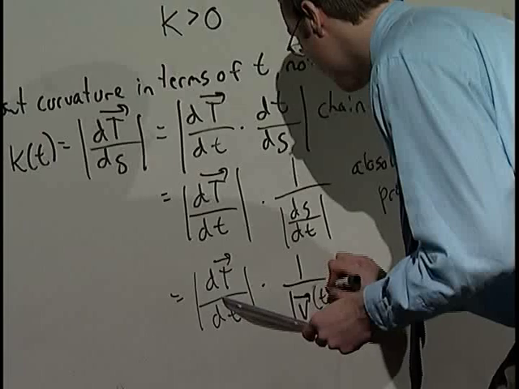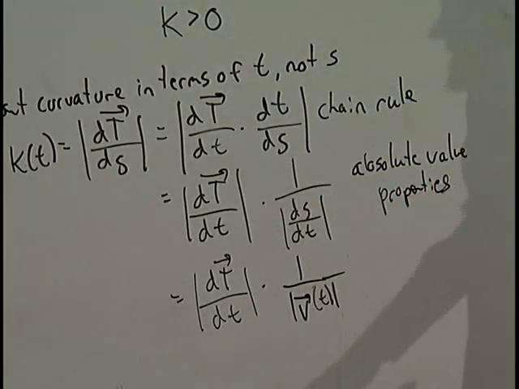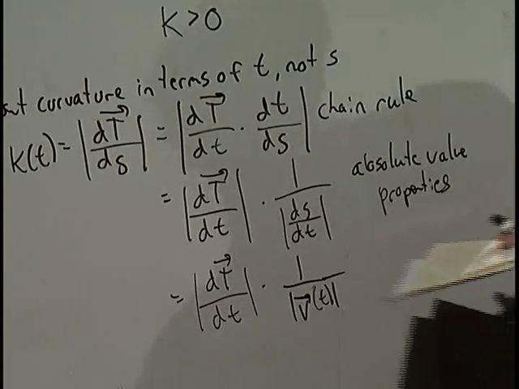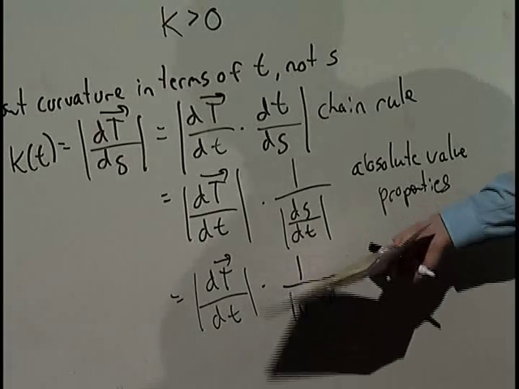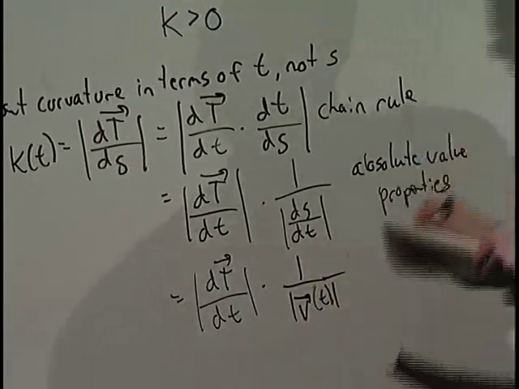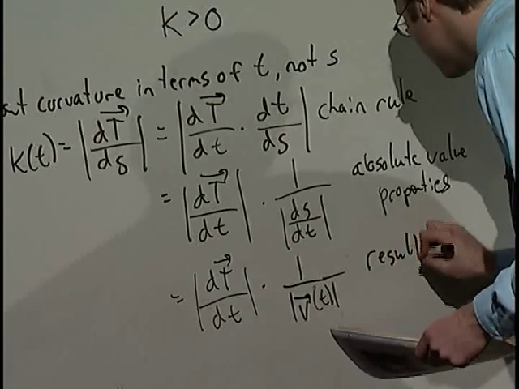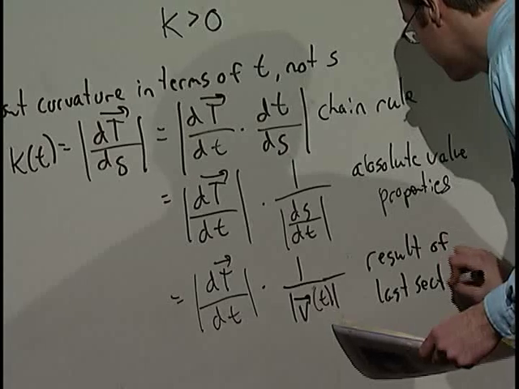So 1 over v of t, like that. Remember, ds/dt is the derivative of arc length, and this is the length of it. So that would be 1 over the speed. That was a result from the last section, right? So this is a result of last section that we had.